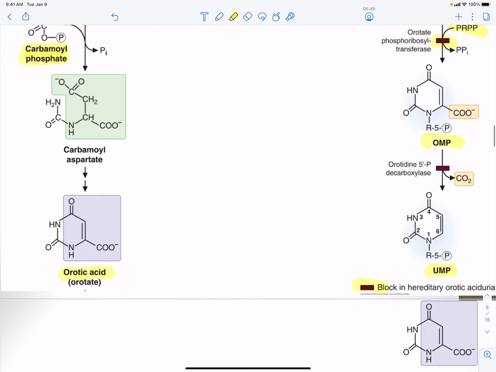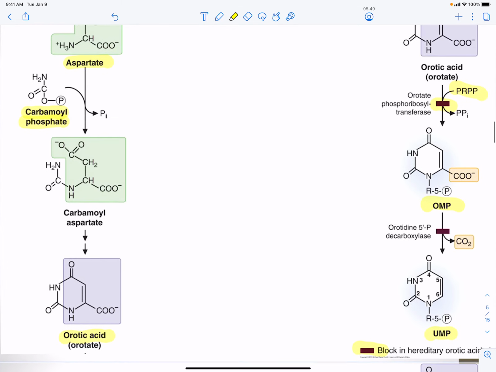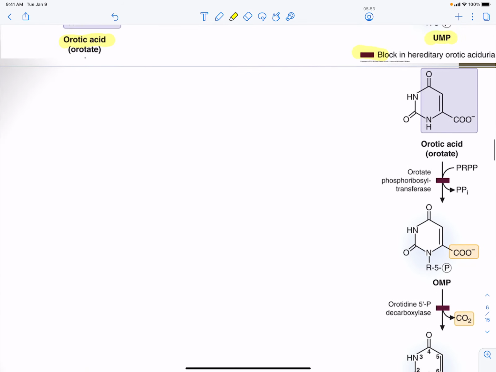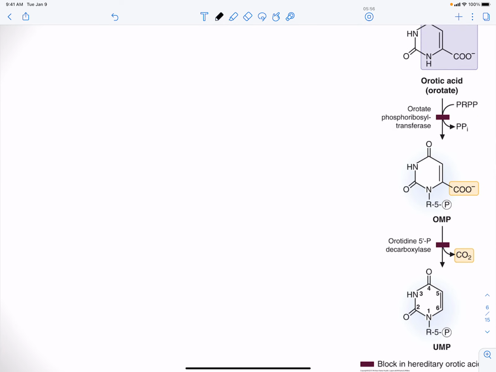Now, hereditary orotic aciduria, we'll talk about that here. So this is basically excess excretion of orotic acid in the urine.